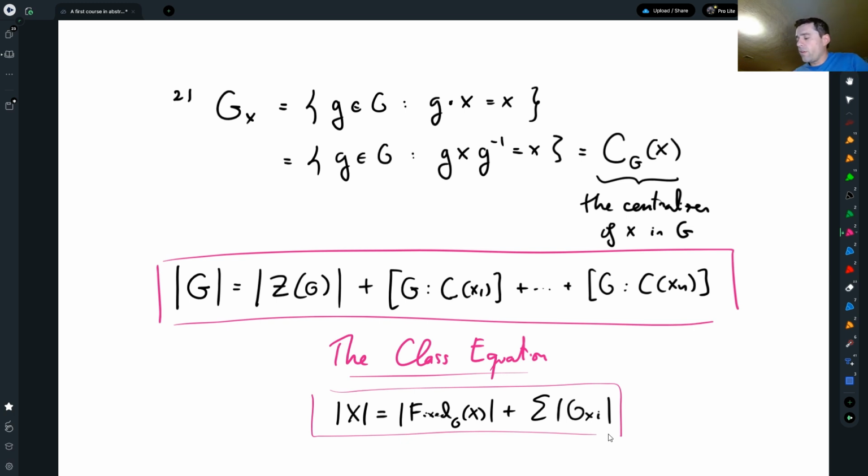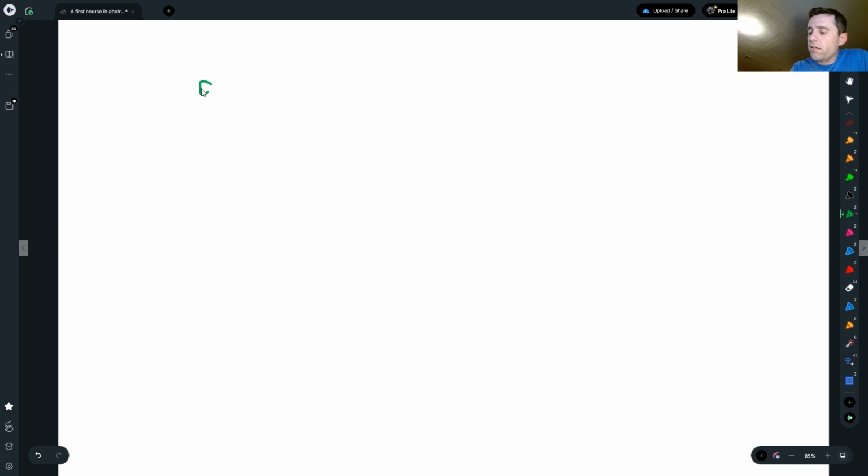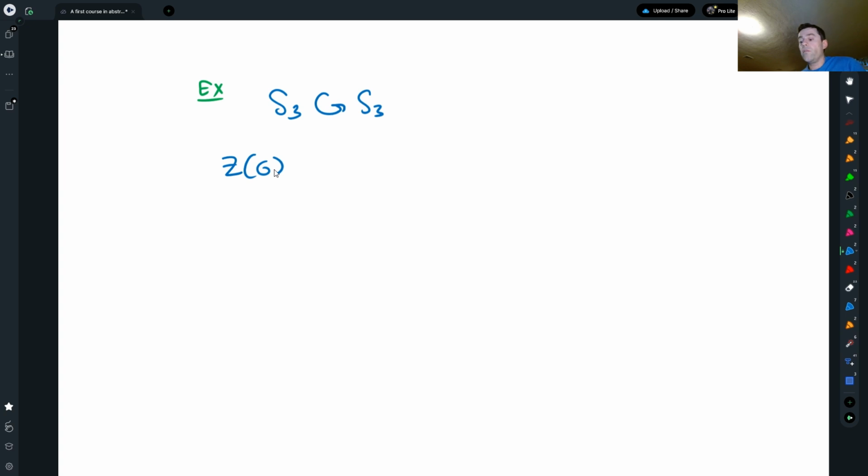By the way, notice that when I said that the size of the orbits divides the order of the group, let's see that in the example that we saw before, with S3 acting on S3 via conjugation, there were 3 orbits, there are orbits of order 1, those of course divide the order of the group, but actually the order of the center, because it is a subgroup, also divides the order of S3.